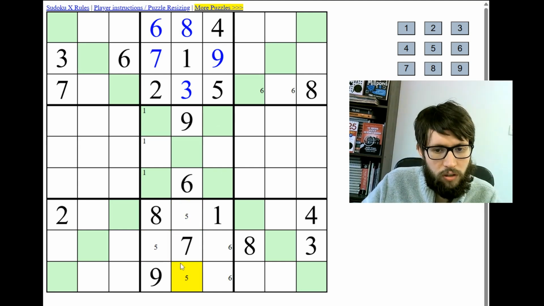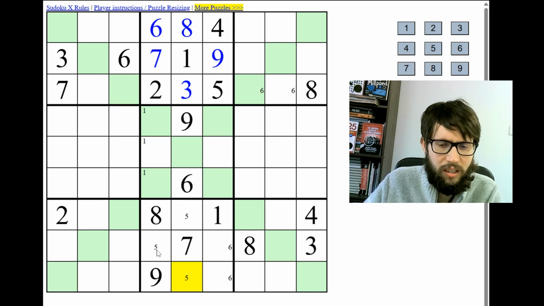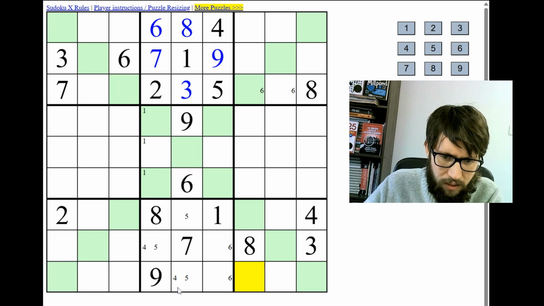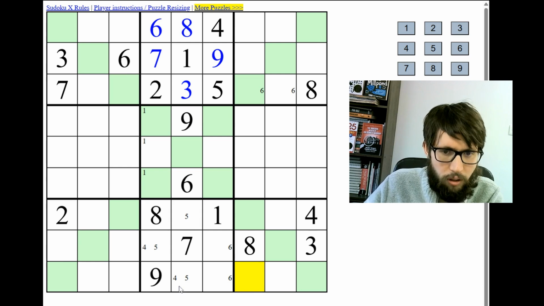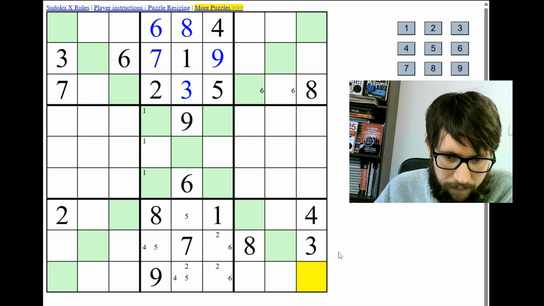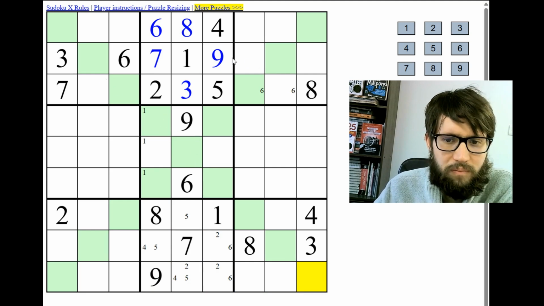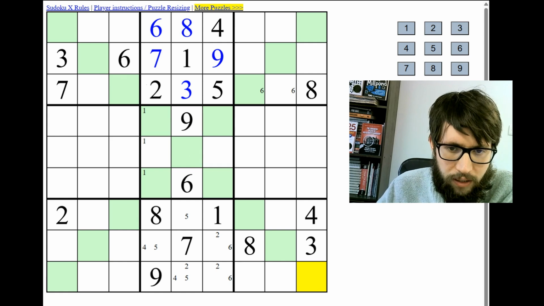Have we got a 4? No, the 4 can't go here or here. The 4 has to be one of these 2. And then we haven't got a 2 either, of course not. So no 2 there, no 2 there. So 2s are in one of these. Okay, so nothing quite for certain yet, but we'll get there. Just need to keep filling in the information.